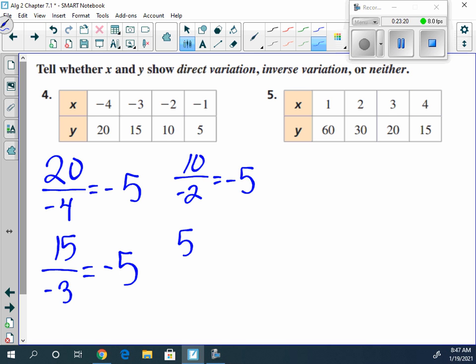And 5 divided by negative 1. So this here would be what? You're good. Direct, because it's kind of misleading. When we're checking these here, to determine if it's direct, we're dividing. If we want to determine if it's inverse, we are multiplying. It's a little backwards.